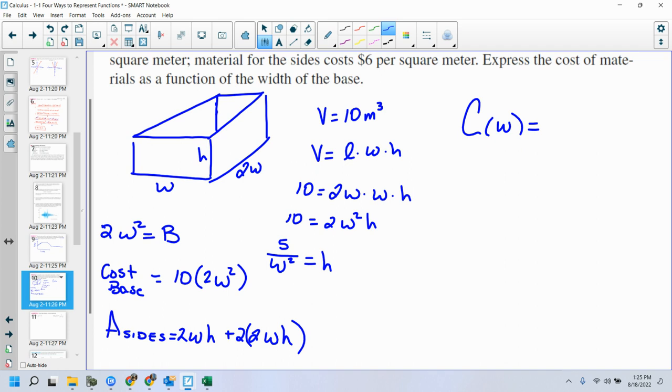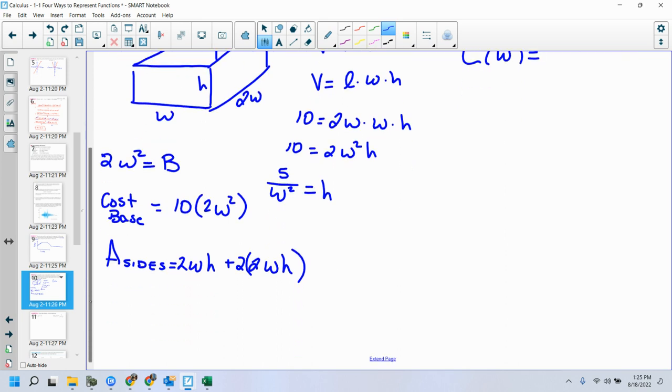WH is our area. Double it front and back. Just the side, 2W times H, 2WH. Double it to get left and right. All right. Let's simplify this a little bit. So area of the sides is going to be equal to 2WH plus 4WH. All said and done, area of the sides is 6WH.